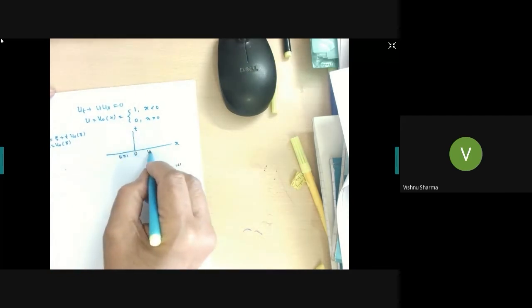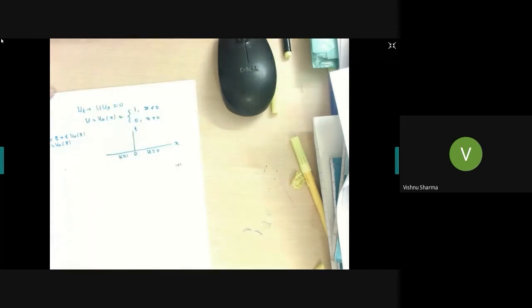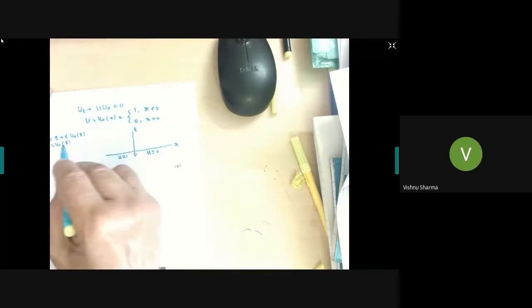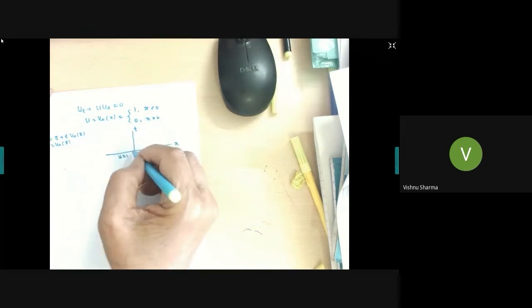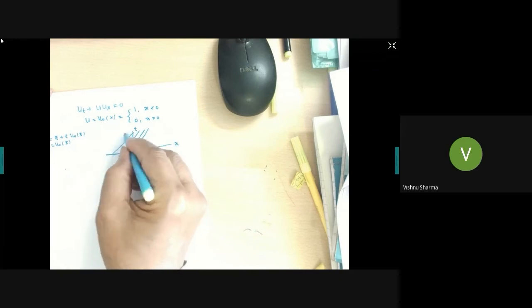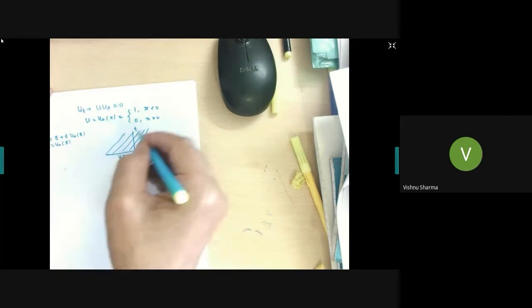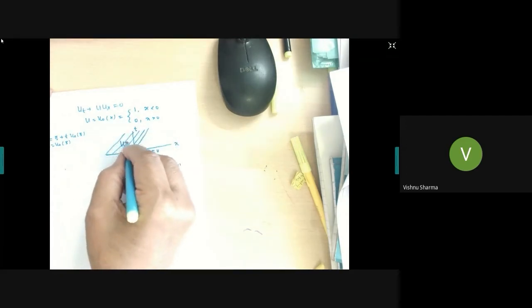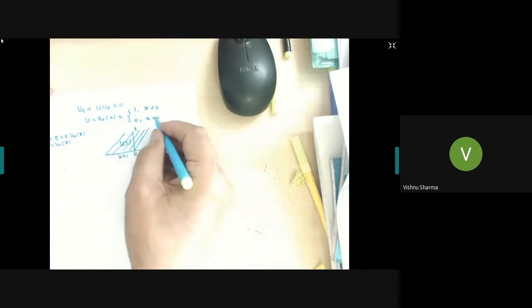Here u is equal to 0. This is the scenario now. So the characteristics from this part will be this. These are the characteristics. They will take this information, u equal to 1, into the region.